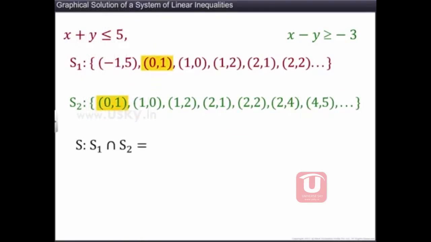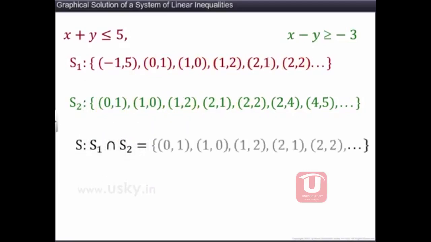If we consider the common elements of both the solution sets, then we can see there are some common solutions. These common solutions satisfy both the inequalities. Identifying all the common solutions may be a difficult proposition. However, it is possible with the graphical solution of the system of inequalities.